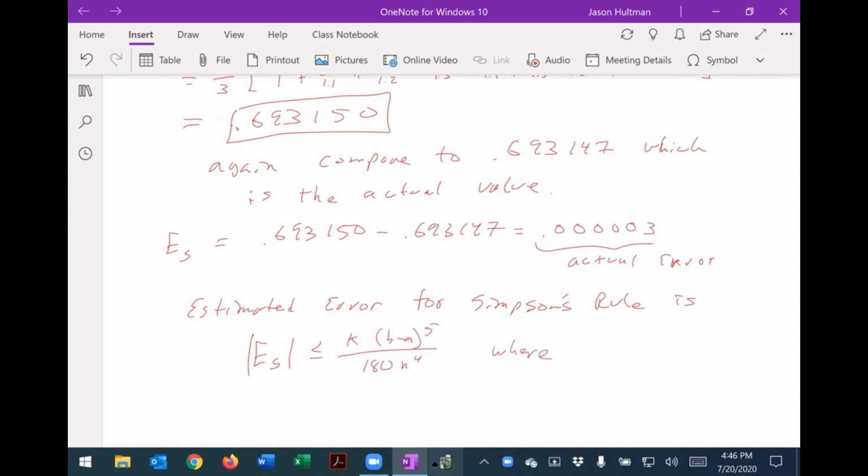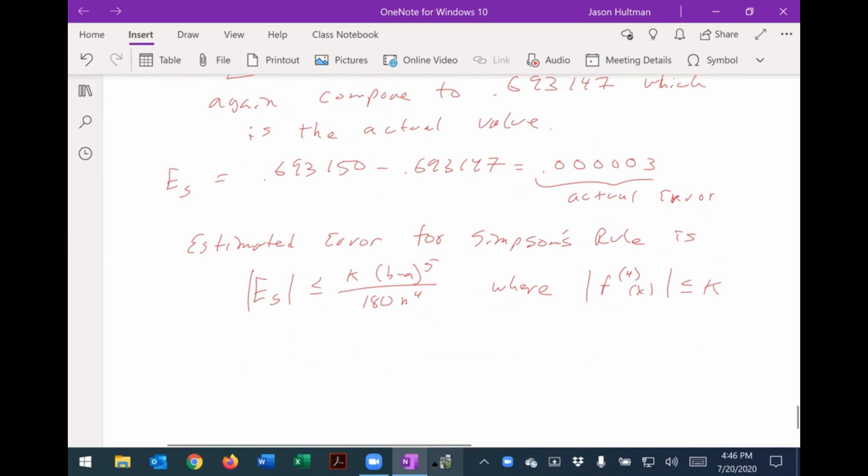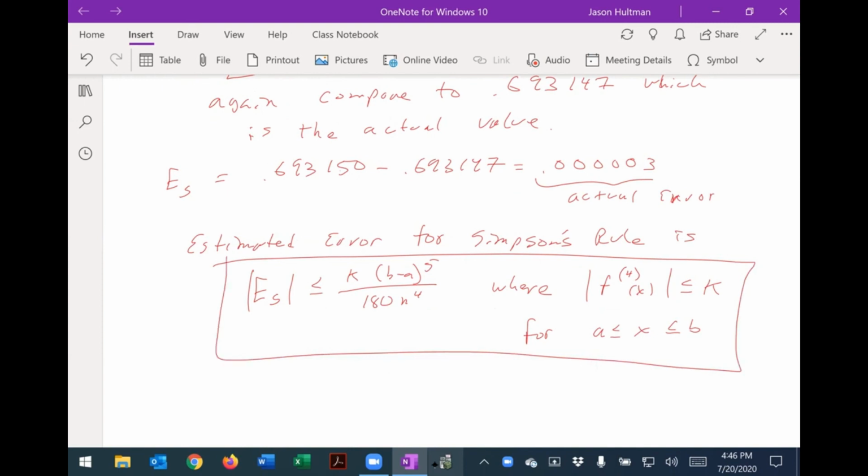We've got to take 4 derivatives this time, where K is the upper bound of the 4th derivative of f, for x going from a to b. So that's the error bound, the upper bound on my error.